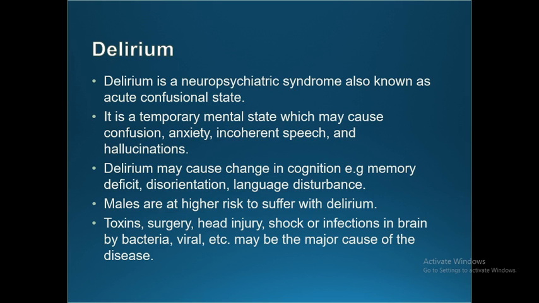The first disorder we have to discuss is delirium. Actually, that's a confused state. Delirium is a neuropsychiatric syndrome, also known as acute confusional state. The patient is getting confused and not well oriented to place, person, and time.